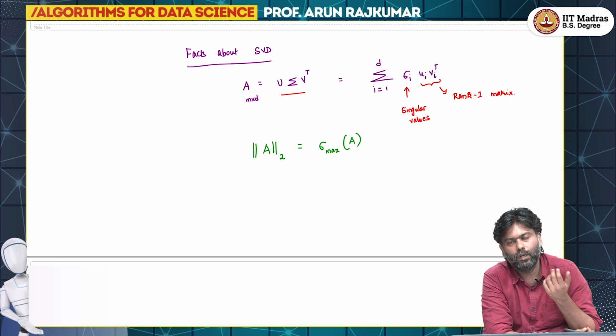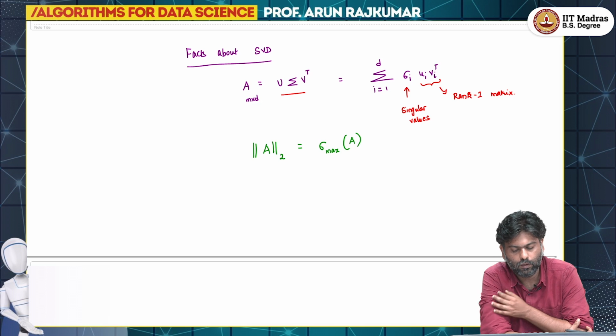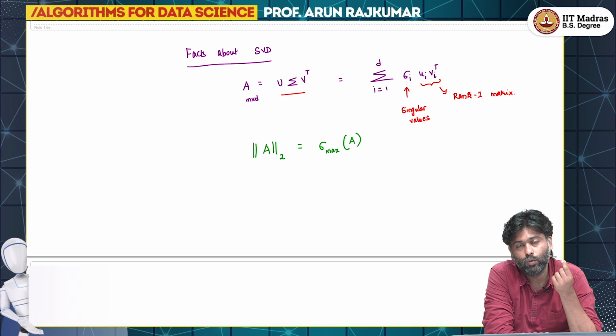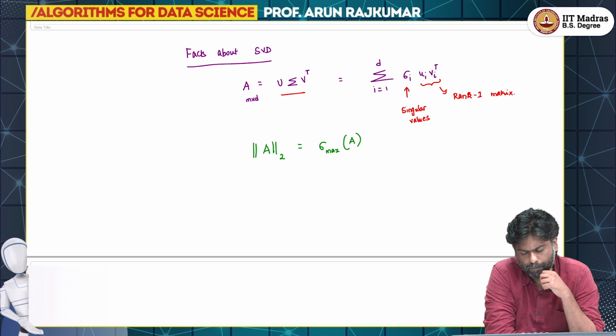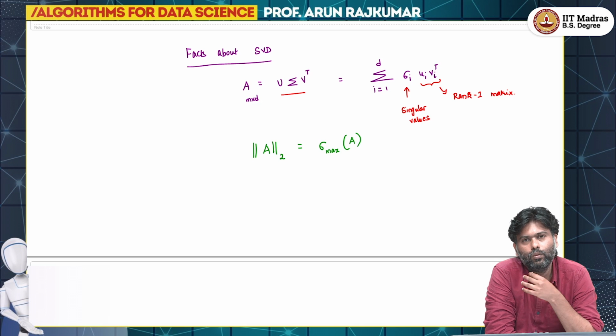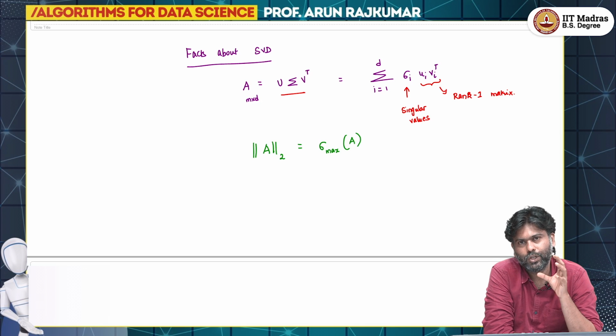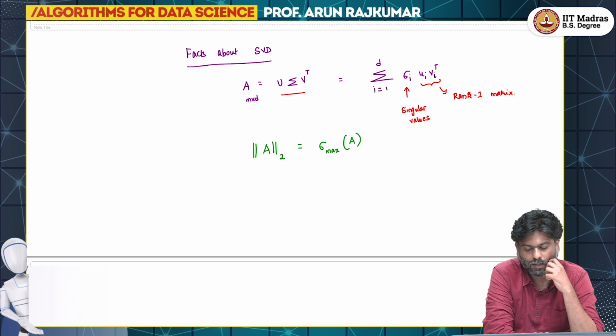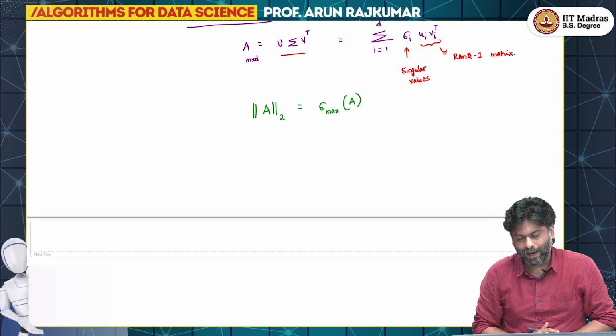This is the definition that is commonly used to say what is the L2 norm of a matrix. And we would need that later to see how good our approximation is. When you are measuring distances between matrices, you want to measure it in a certain norm, and the standard norm to use is the L2 norm, which is nothing but the largest singular value of the given matrix.